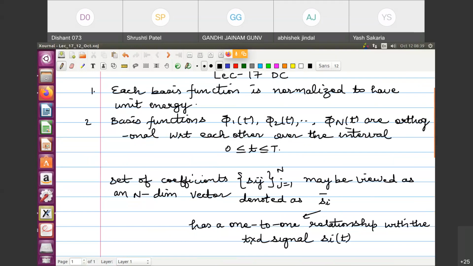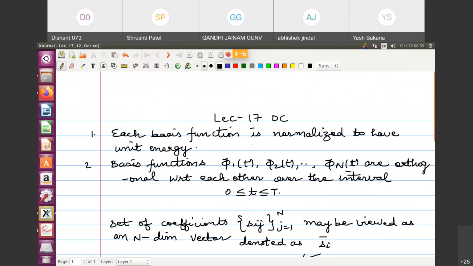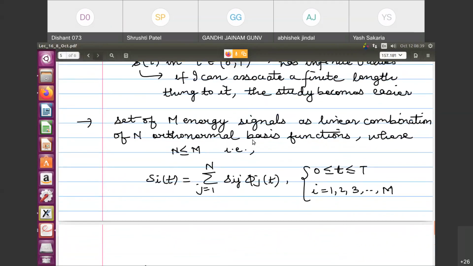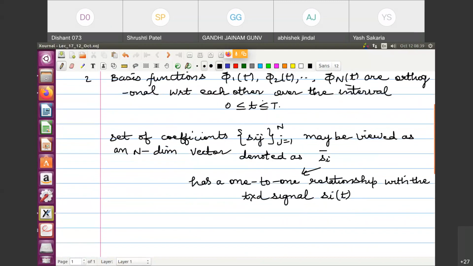This is some sort of a larger statement, which I am not going to prove. What it means is that through this equation, Si(t) is equal to summation j equal to 1 to N Sij phi j(t), we have a one-to-one relationship. It means if given Sij, I can uniquely find Si(t), and given Si(t), I can uniquely find the Si vector. It means all the Sij's. Now this means that this has to be a unique thing.